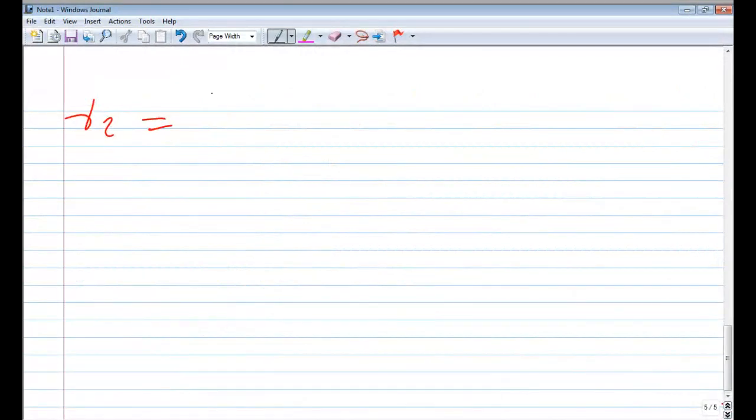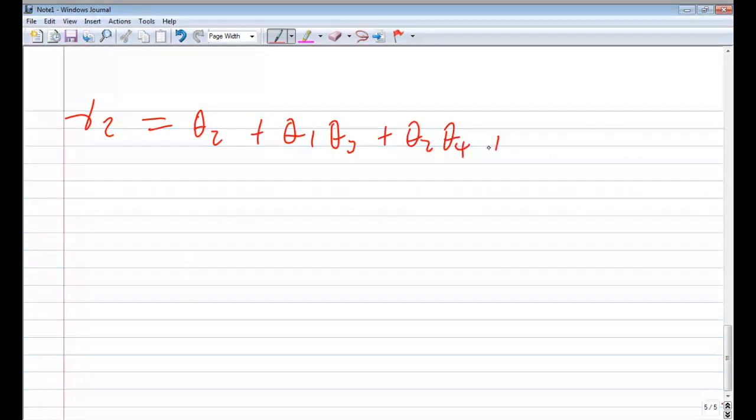So now gamma 2 is equal to what? Just read it for me. Theta 2 plus theta 1 theta 3, plus theta 2 theta 4, up to plus theta 3, up to theta Q plus 2.